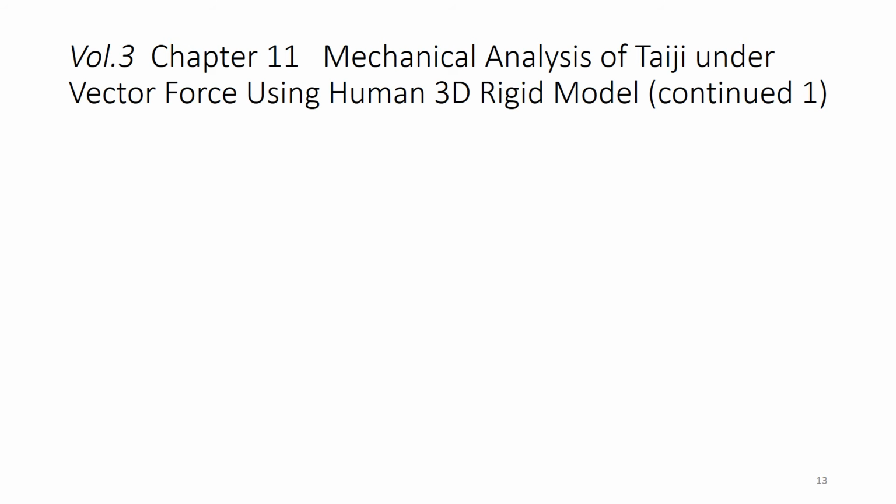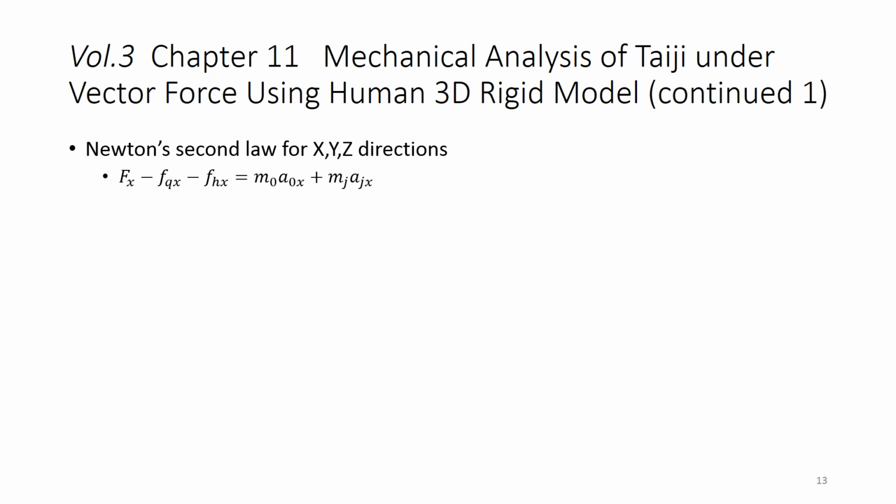Chapter 11. Mechanical analysis of Taiji under vector force using human 3D rigid model. Continued 1. Newton's second law for x, y, z directions. X direction external force equals the mass times x direction acceleration.